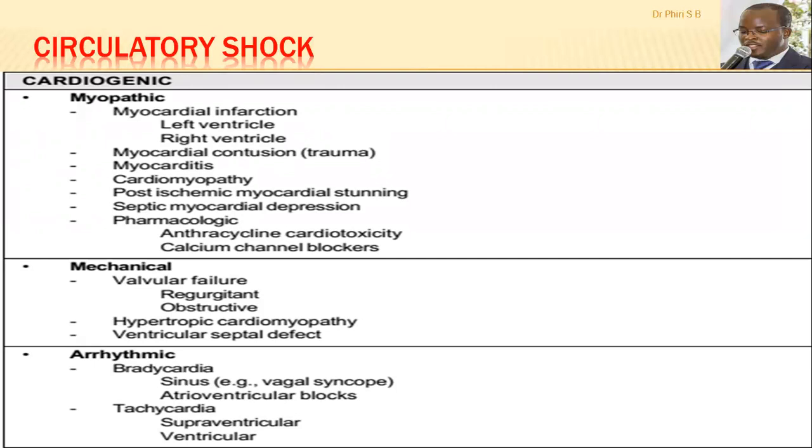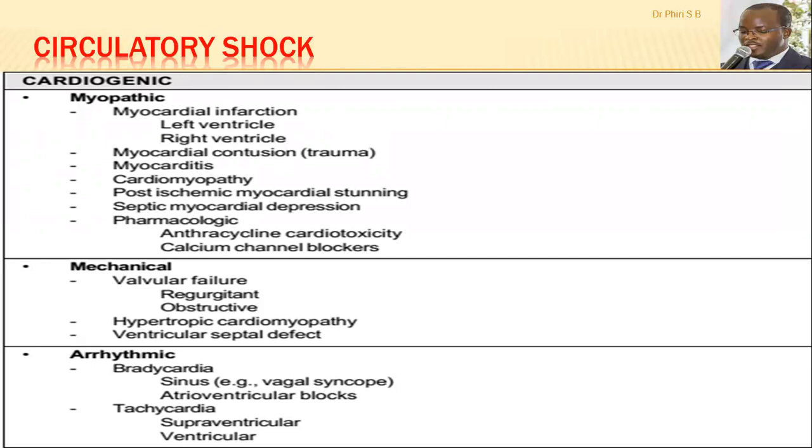So it's called a vagal syncope. Then you can have atrioventricular blocks. So these are AV blocks that will also reduce the heart rate and can result into low blood pressure. Then you have cardiogenic shock.